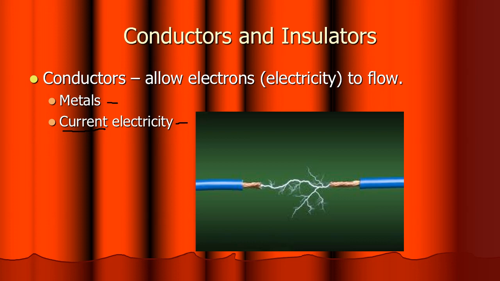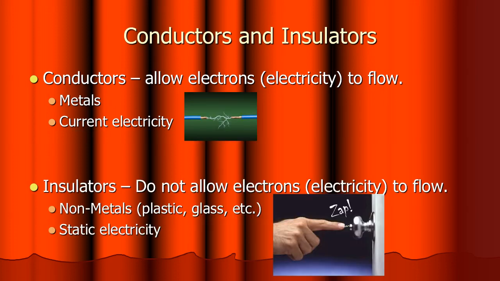Now, the thing that we're talking about today, though, is static electricity. That is something that usually happens in insulators, where they do not allow the electrons or the electricity to flow through. This usually happens in nonmetals, or things that are not metal. This includes things like plastics and glass and pretty much everything else you can think of, rocks and cement and all sorts of different stuff that is just not metals.